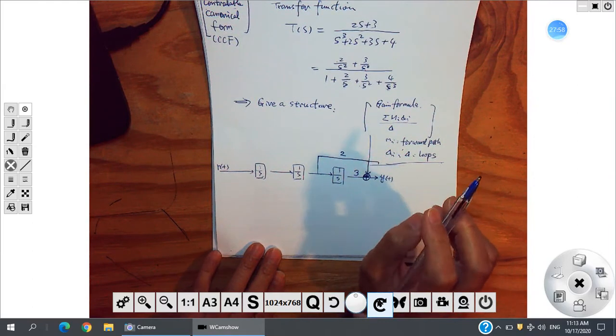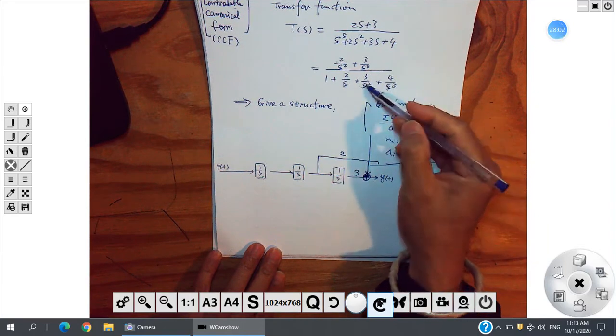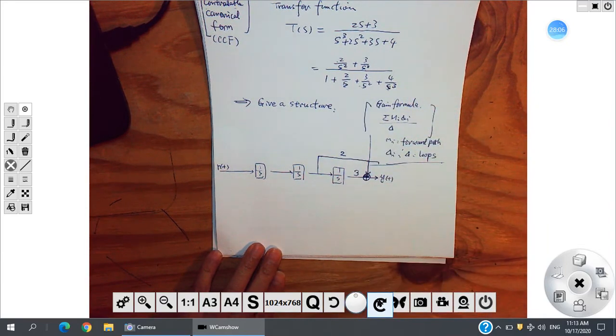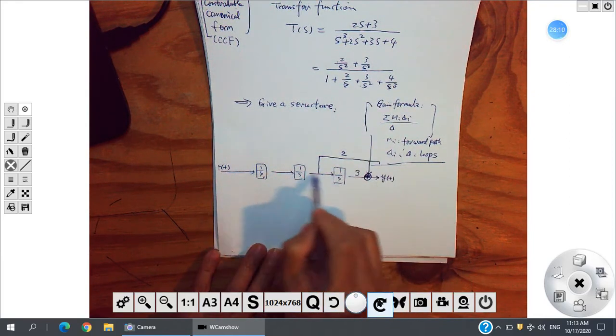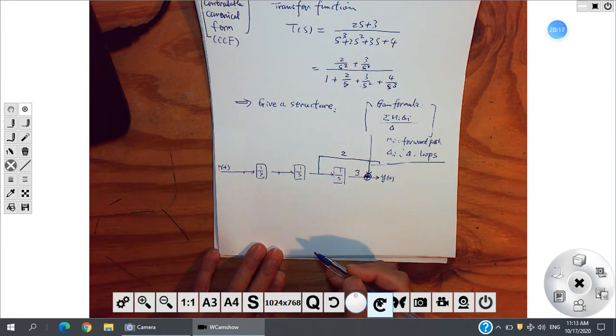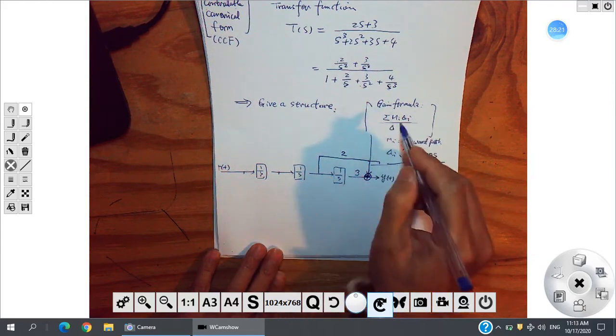Now we need the denominator. We need 3 loops, these 3 loops. So how do we make these loops? We suppose the loops will contain some part of the forward path. All the forward paths contain this part, so the feedback loops also contain this part.